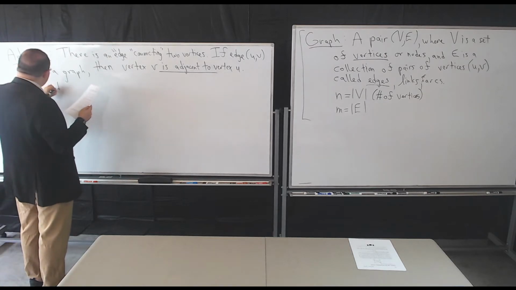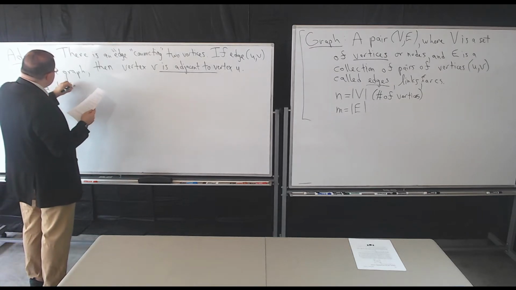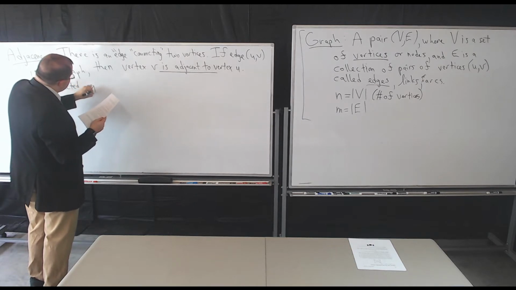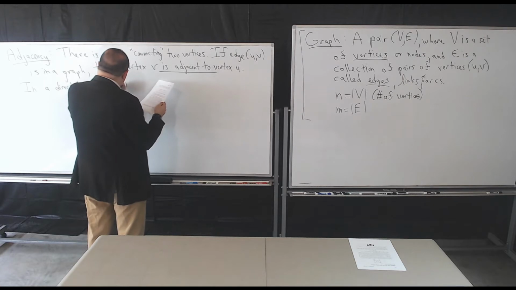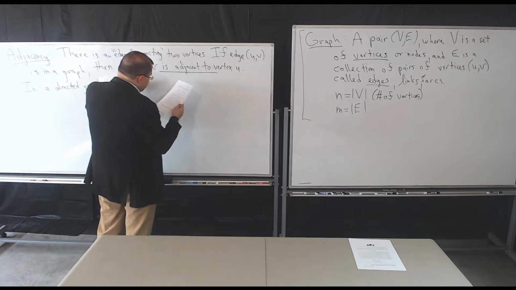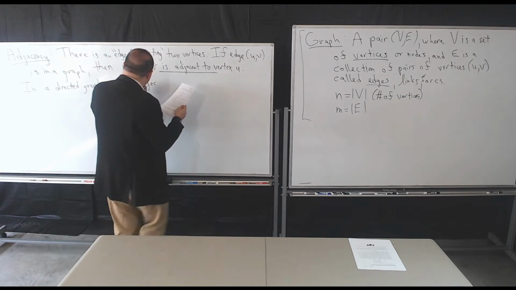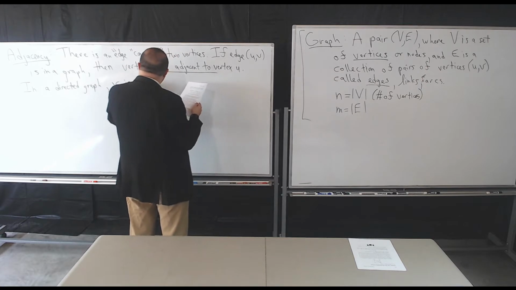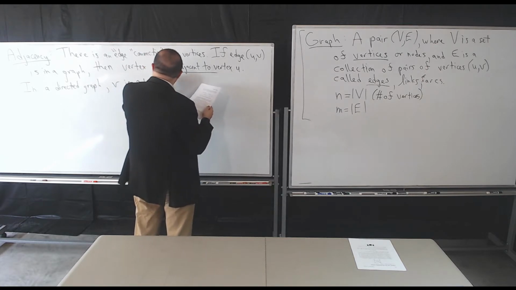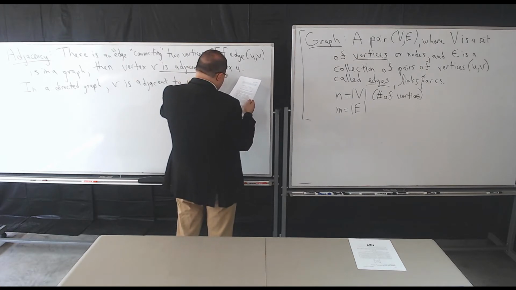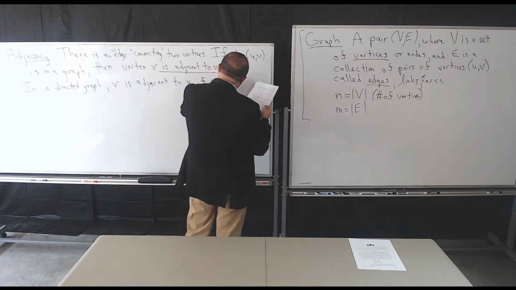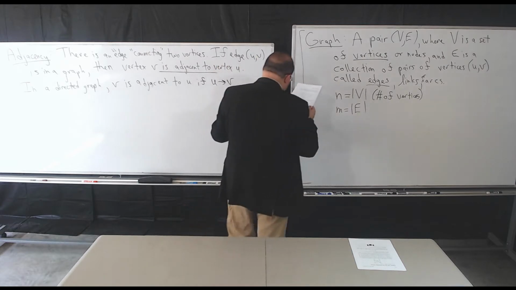So in a directed graph, v is adjacent to u if there's an edge from u to v.